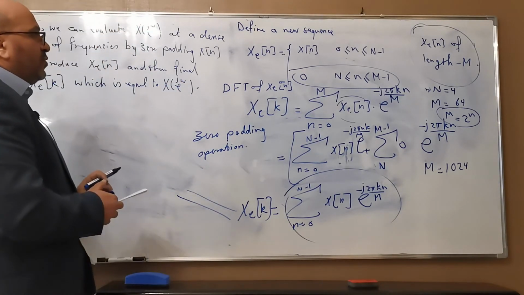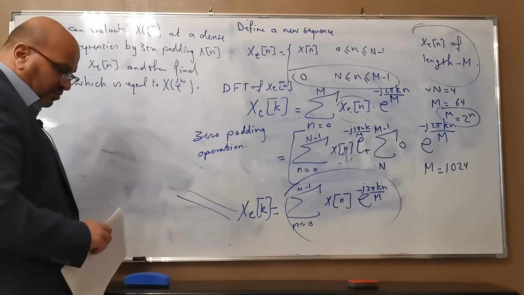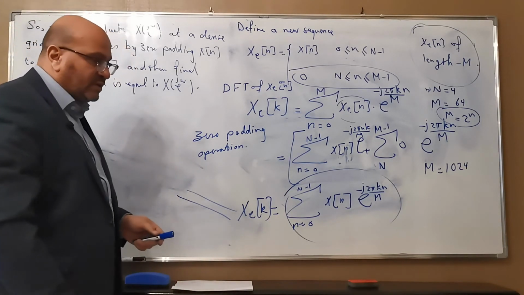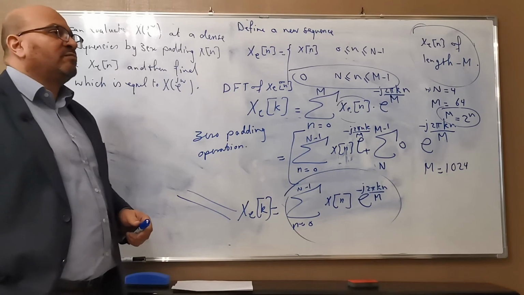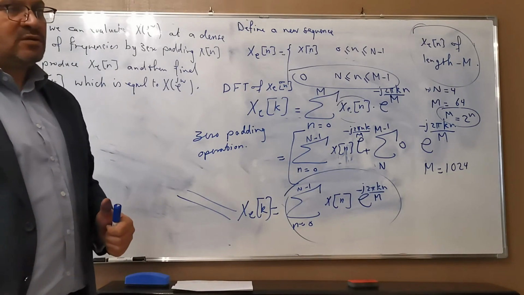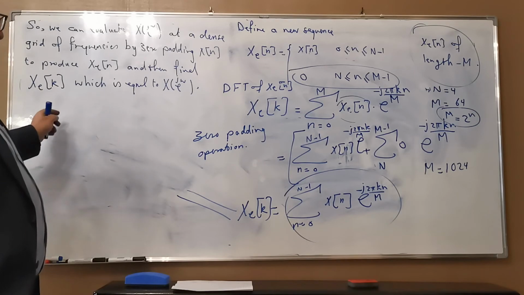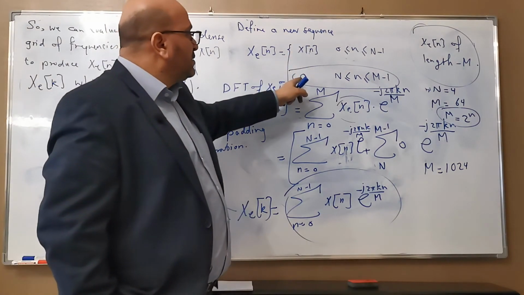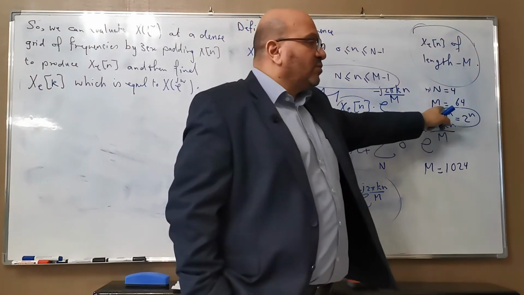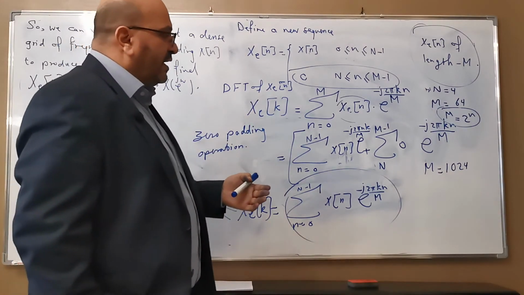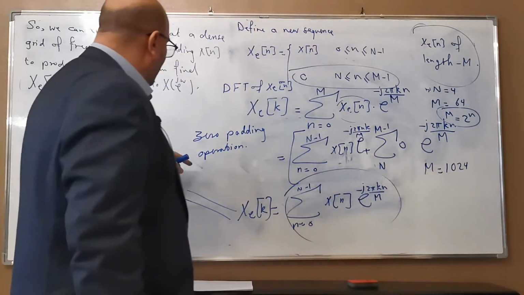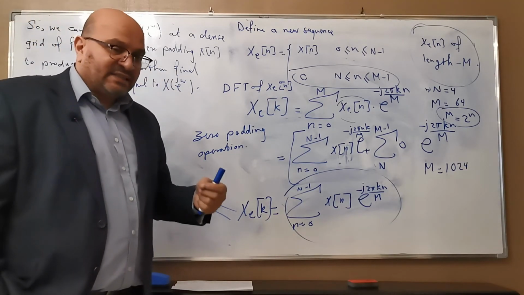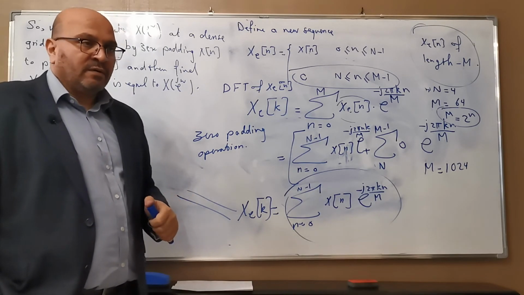So this is a very important result. Probably you may use it in your future life in some projects, doing the frequency spectrum of certain discrete time sequences. Instead of doing the time domain by hand and evaluating the frequencies, you can zero pad the sequence with as many zeros as you want, so that as you increase the number, you find a very dense grid of frequencies, which means a very excellent resolution of x of e^(j omega).